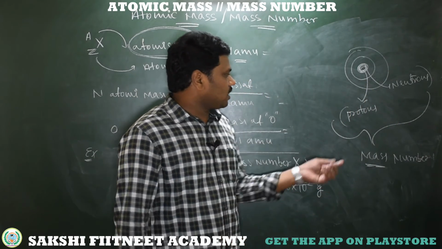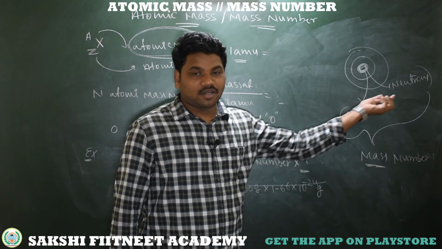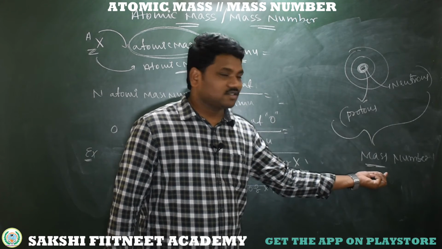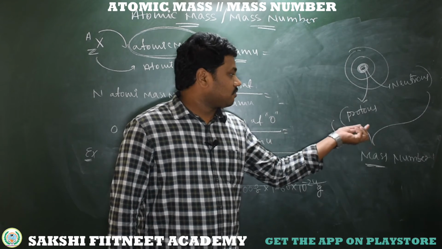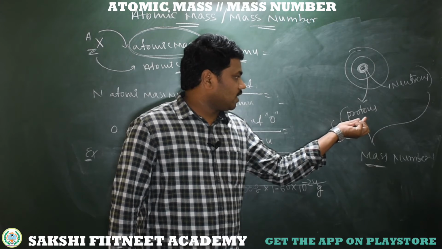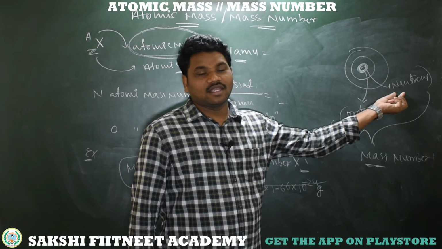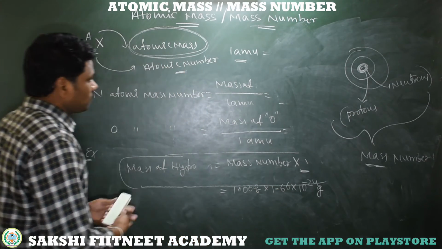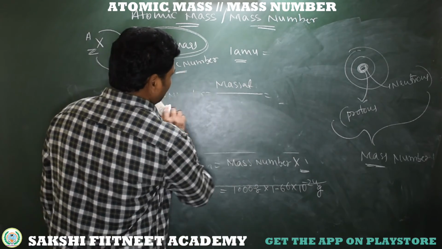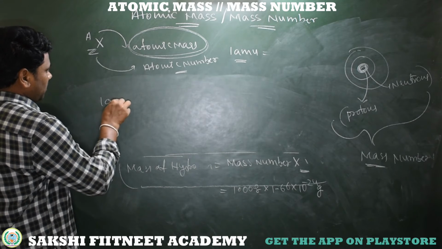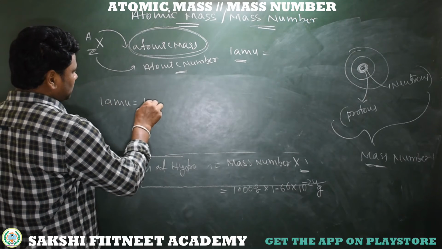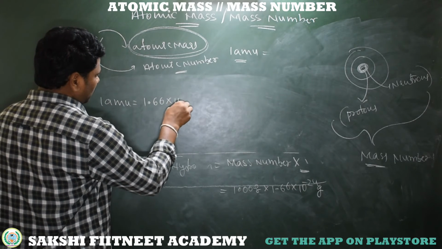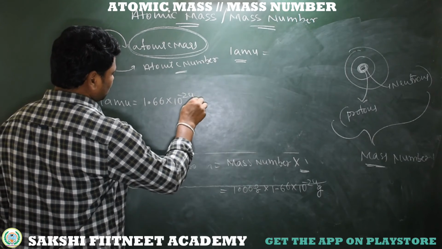Why do we directly take the number of protons plus the number of neutrons as the mass number? Because the weight of a proton and the weight of a neutron are approximately equal to 1 AMU. See here. So what is the atomic mass unit value? It's 1.66 into 10 power minus 24 grams.